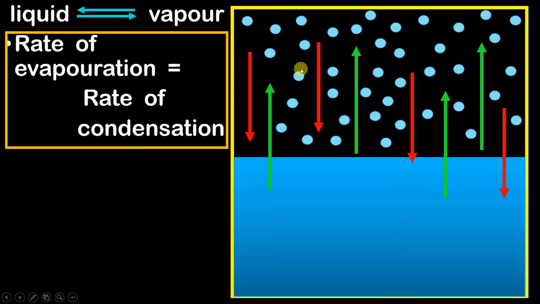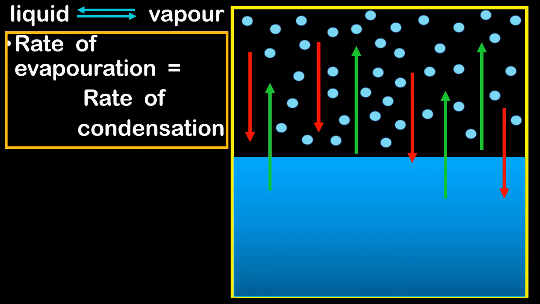These vapors obviously carry some mass, so they are going to exert pressure on this liquid, and this pressure exerted by these vapors is called vapor pressure.